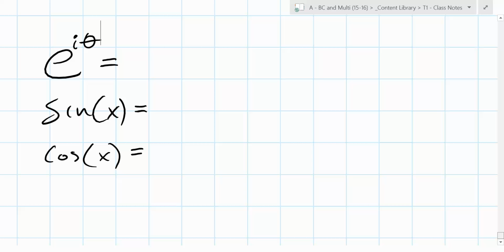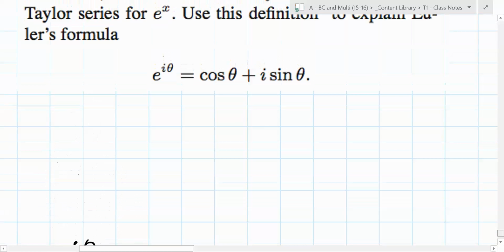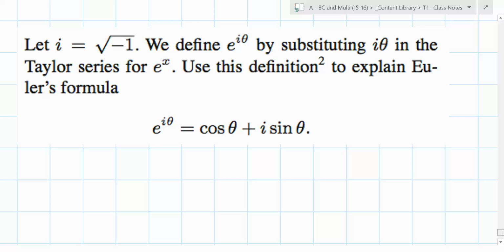But we still have to come up with that. We just have to change x to i theta, right? Yes. Because i squared is negative 1. And then i cubed is negative i.